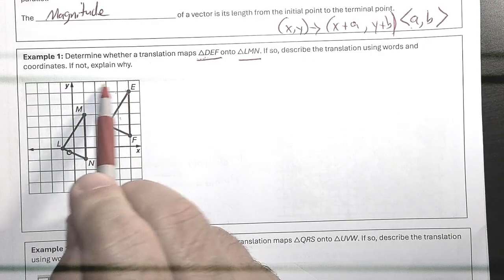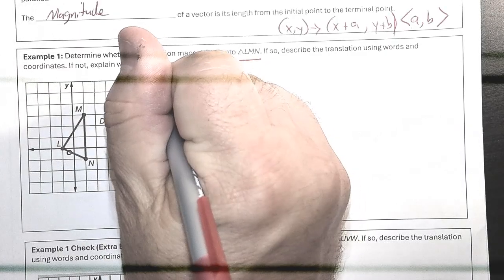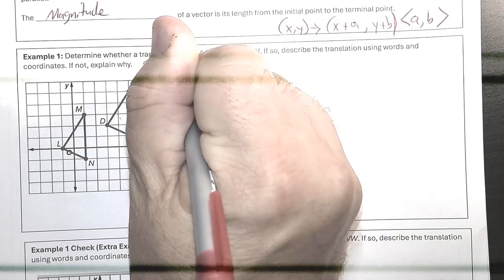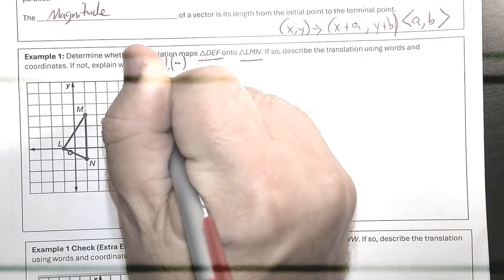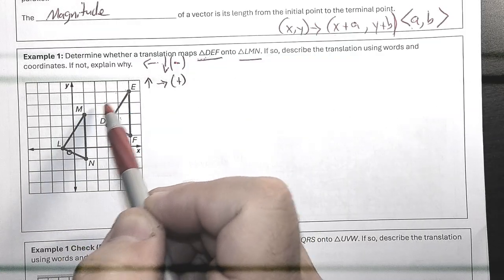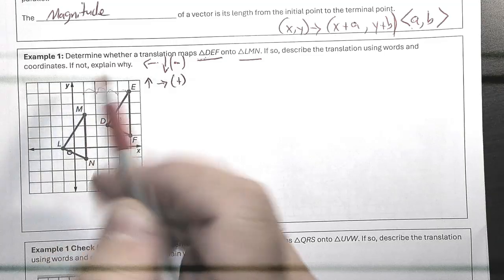So we went 4 to the left. Left and down are both negative, and up and right are both positive. You may want to get in the habit of counting: if you're counting left or down, just say negative. So -1, -2, -3, -4.